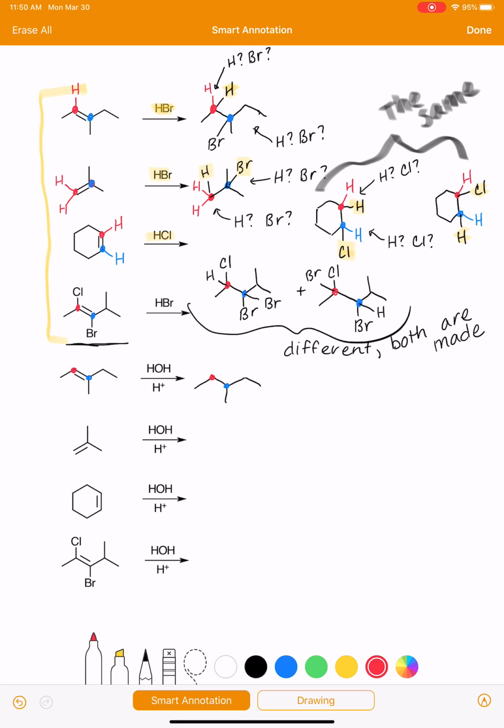The red carbon, we can see 1, 2, 3 bonds, so that means it has 1 bond to a hydrogen. The blue carbon, we can see 1, 2, 3, 4 bonds in the alkene, so it has 0 hydrogens. The water molecule that we're adding is going to put 1 hydrogen onto the carbon that already has lots of hydrogens.